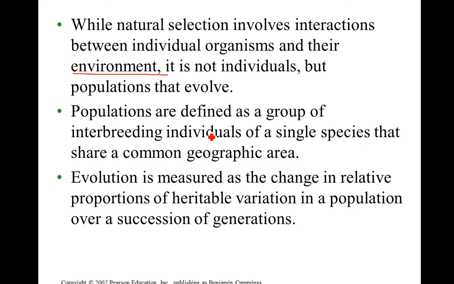Look, isn't interbreeding individuals the same as saying species? If you understand that species means organisms have the ability to produce fertile offspring. So we just crossed this out. And now our definition says populations are defined as a group of species that share a common geographic habitat. And we just added one thing here.